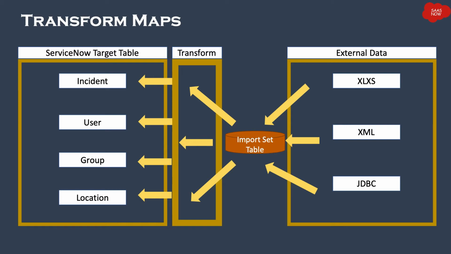So in that case, you have to map. Maybe field 2 is for caller, maybe field 1 is for short description in the external system or external file or whatever data source you are using. ServiceNow is not aware of that. That's the reason they have given this functionality of transform map, so that you can map the fields and that data will be transformed into the ServiceNow destination table accordingly.